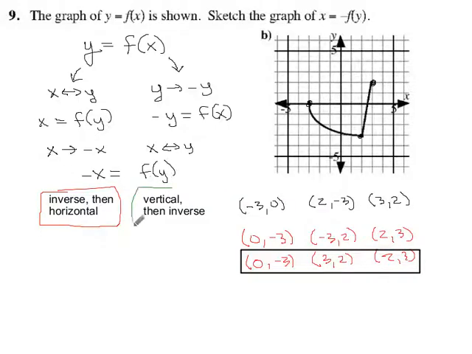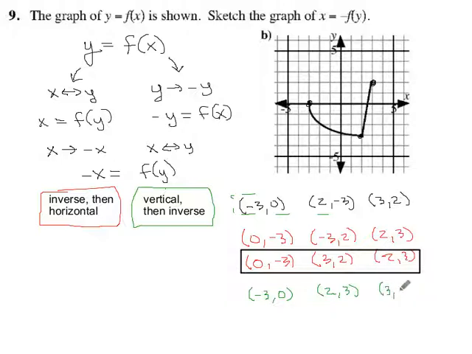What if we go the other way? What if we do vertical, then an inverse? If we vertically flip these, that means change the signs on all the y coordinates. First point, nothing happens. You can't flip 0. This one flips to 2, 3. And this one flips to 3, -2.